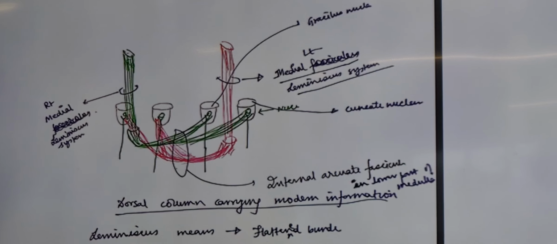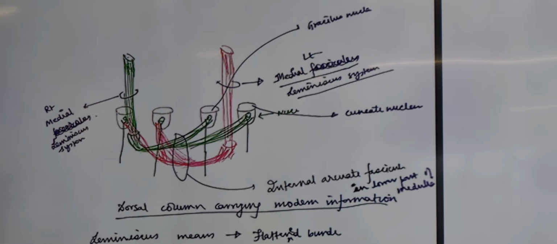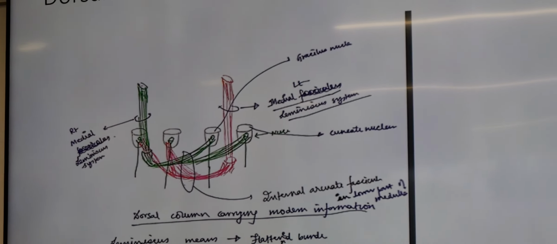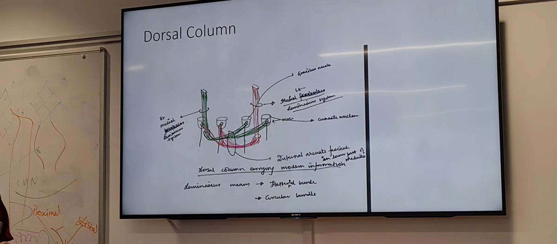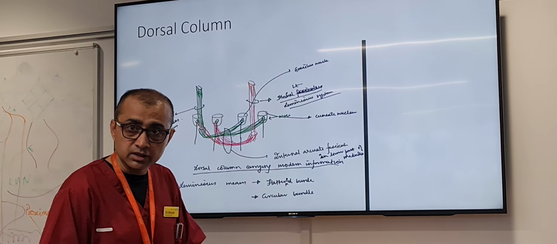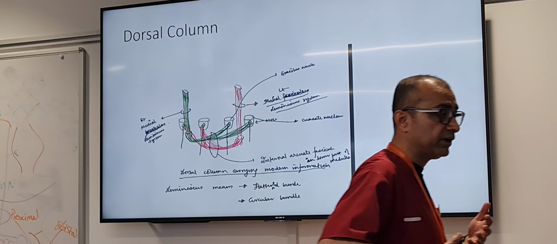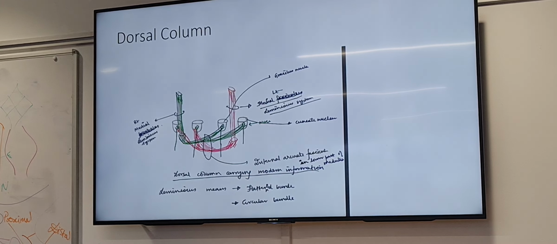And what nucleus do they relay in? Gracile and cuneatus. So gracile for the lower limb fibers and cuneatus for the upper limb.